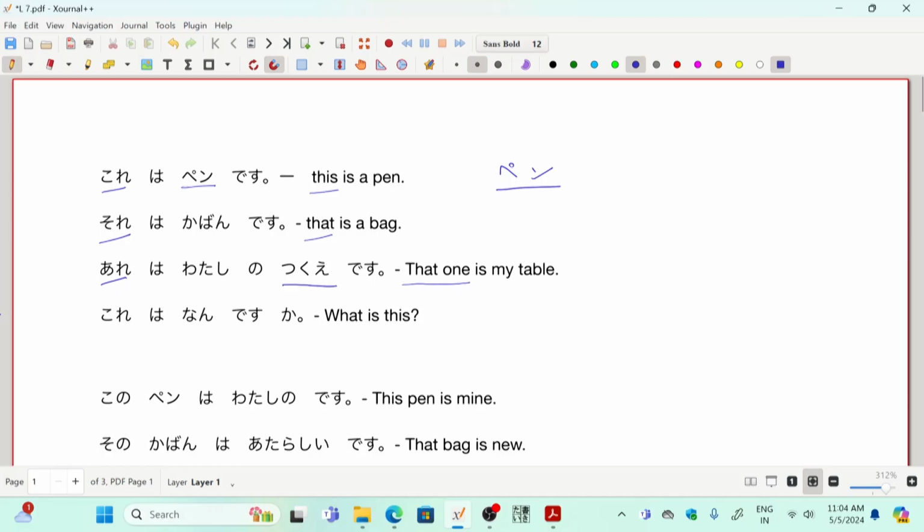When I say that one is my table, which is far for the speaker and the listener, that will be are. Are wa watashi no tsukue desu, where tsukue is table and watashi is I. So are wa watashi no tsukue desu. Watashi no tsukue, my table. If I want to say my pen, it will be watashi no pen.